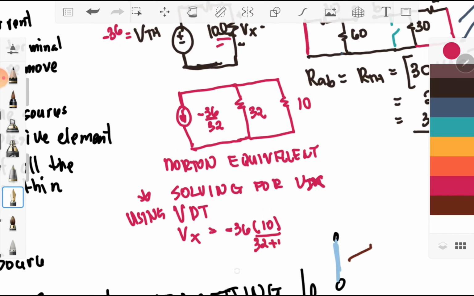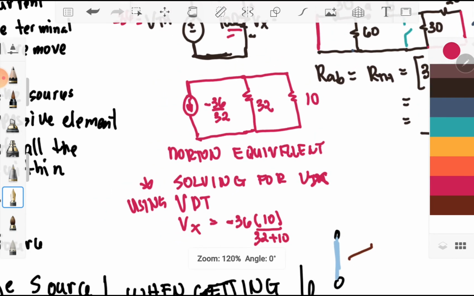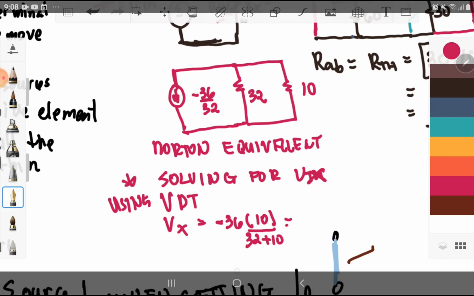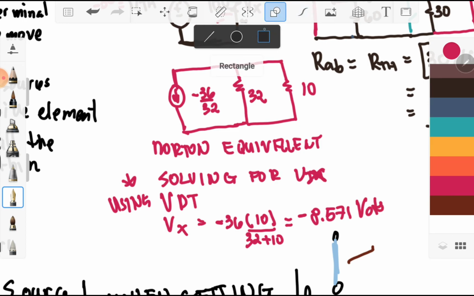You may also use your Ohm's law, wherein you will get the current and then multiply it to the resistor 10 ohm to get the voltage Vx. So we have negative 36 times 10 all over 32 plus 10. So we have a value equal to negative 8.571 volts. This is the value of your Vx.